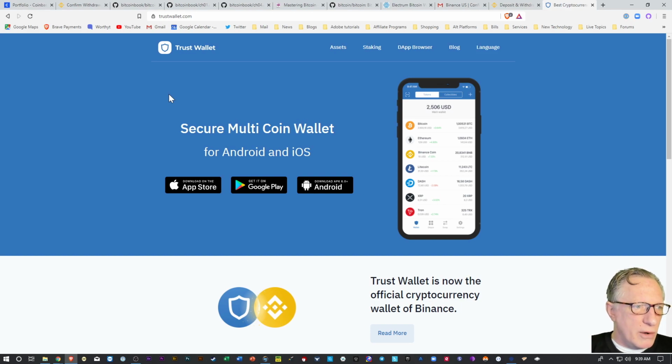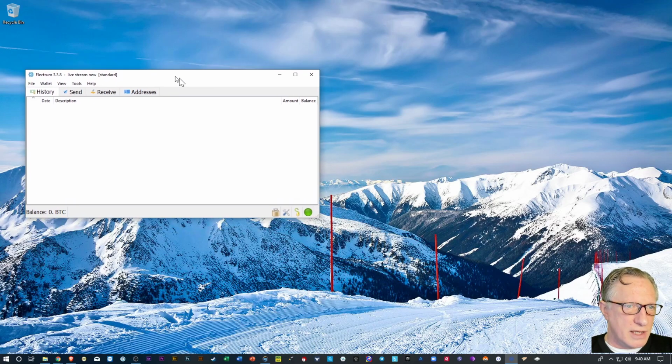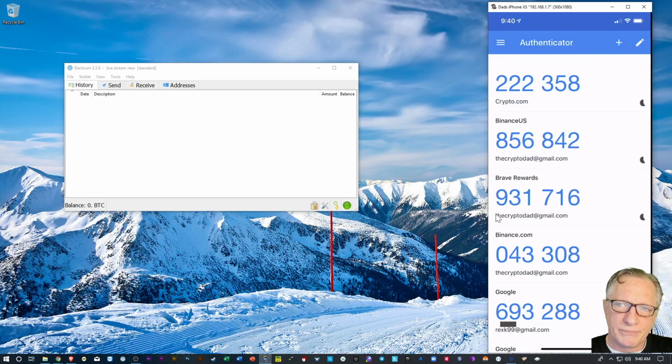You can Google Trust Wallet, download it onto your phone, and use it to send and receive Bitcoin. Very similar to the Electrum Bitcoin wallet that I'm using, but phone-based. This one is desktop-based.